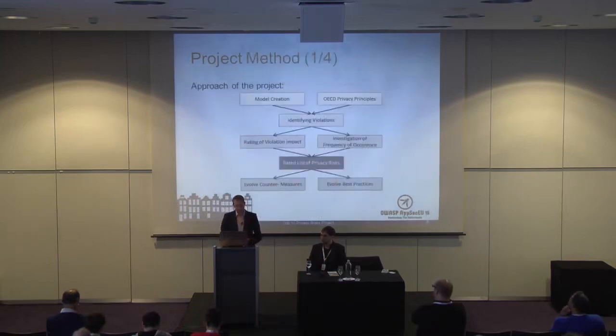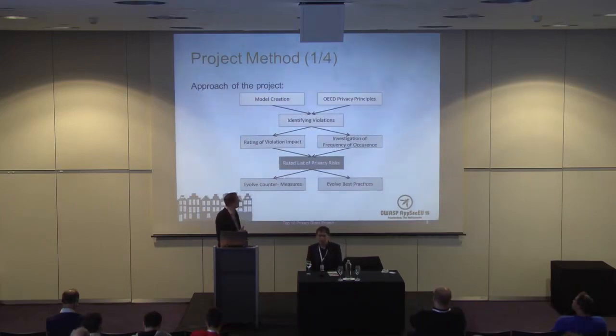So what did we do in the project, or how did we get this top 10 list in the end? Of course, we had to create a model in the beginning. Mainly our model was based on a privacy impact assessment that was created by the German Federal Office for Information Security, the BSI.